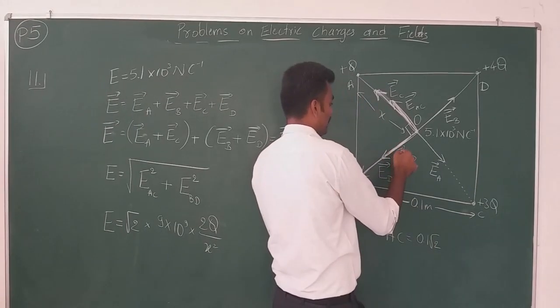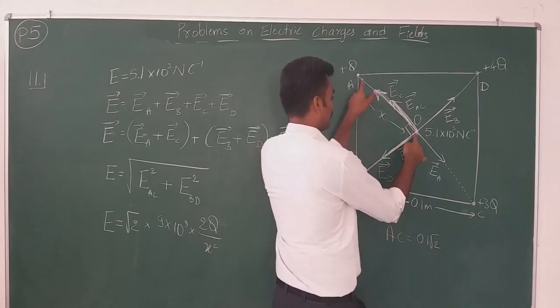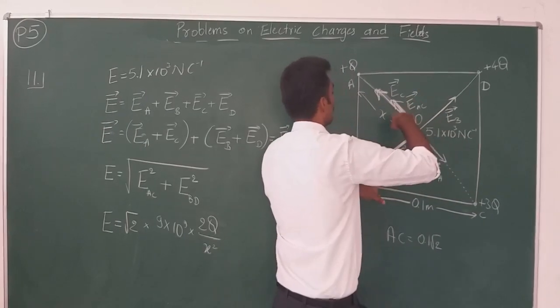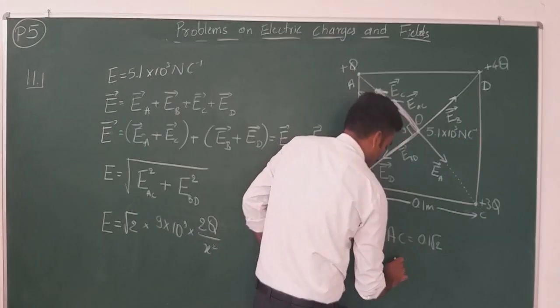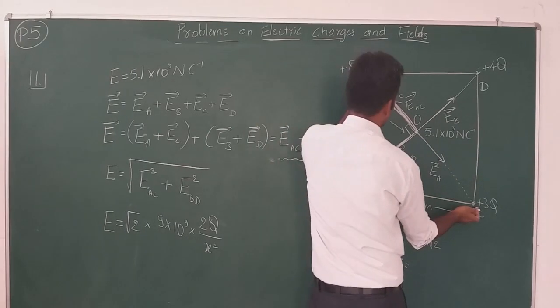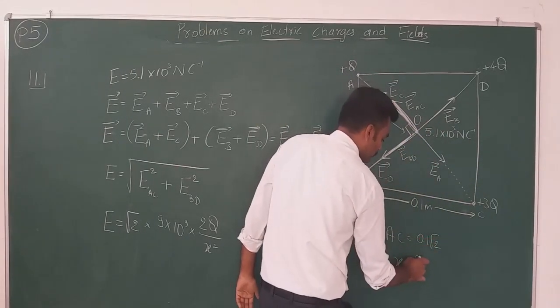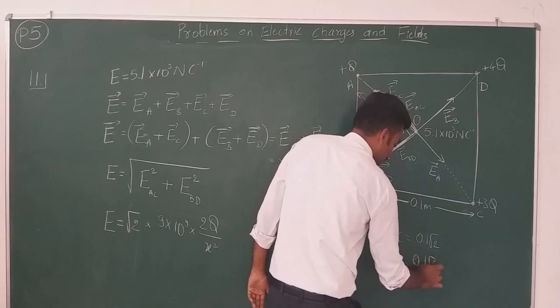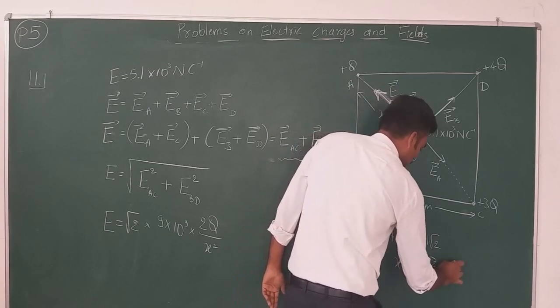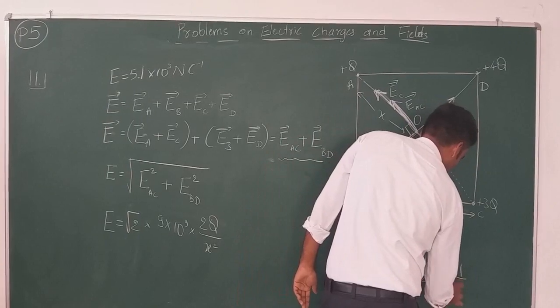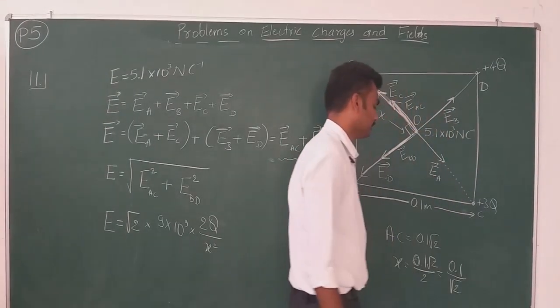And what we need is this distance. So, this distance x is equal to half of AC, right? So, it is 0.1 root 2 by 2, which is equal to 0.1 by root 2.